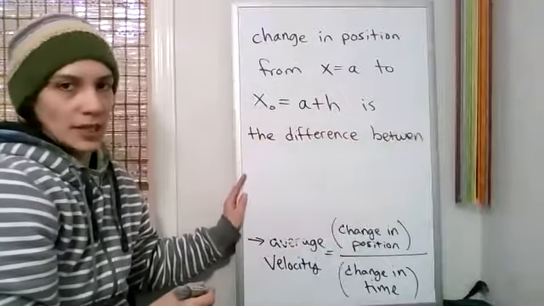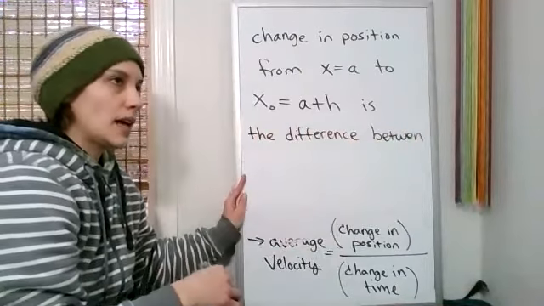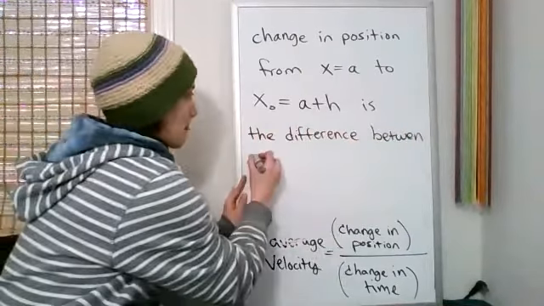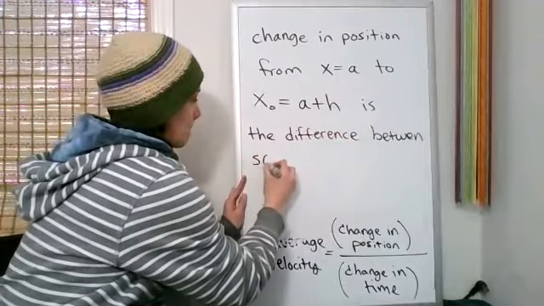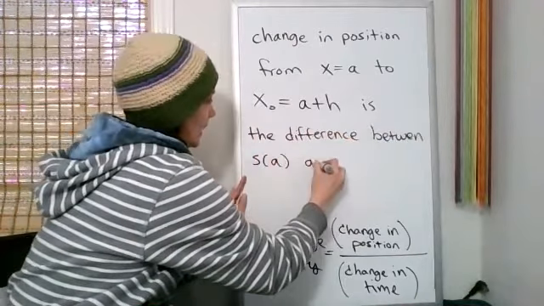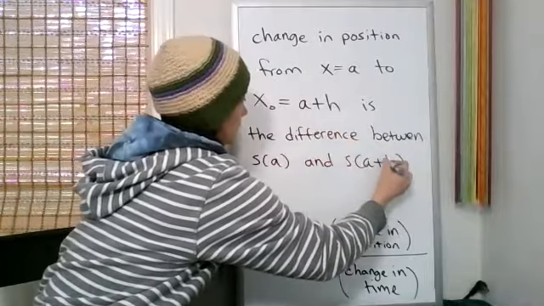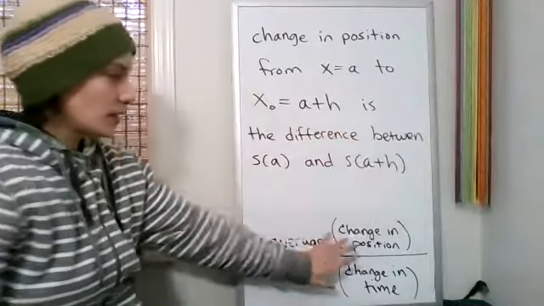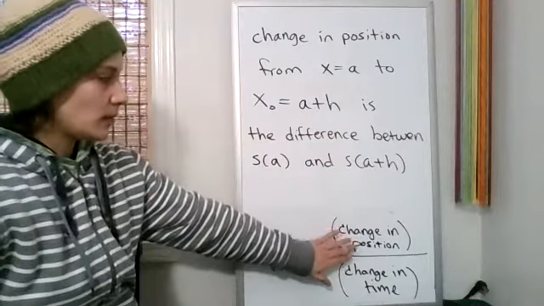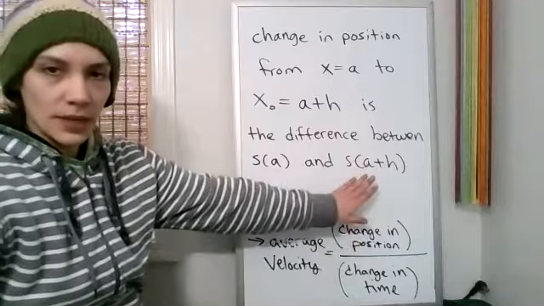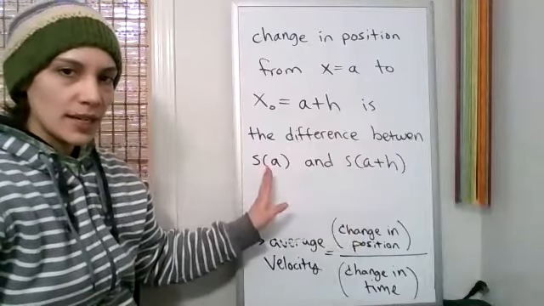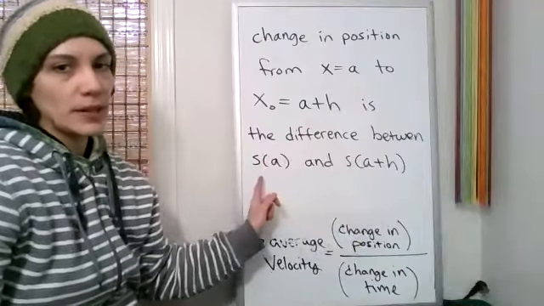But our function is called s, so we put in s of a and s of a plus h. So our slope has s of a plus h minus s of a over a plus h minus a.